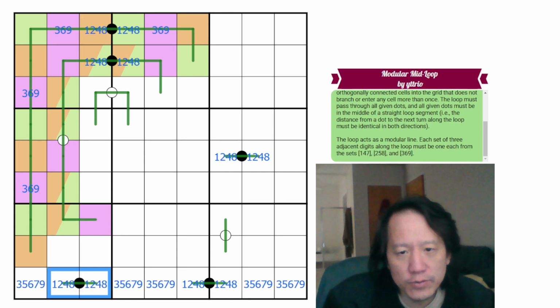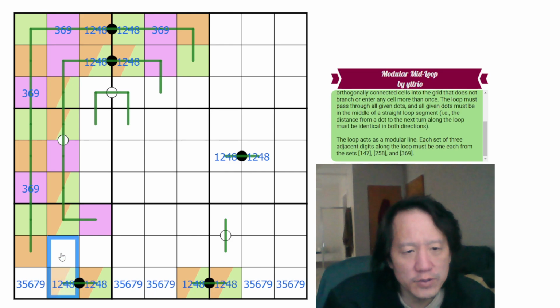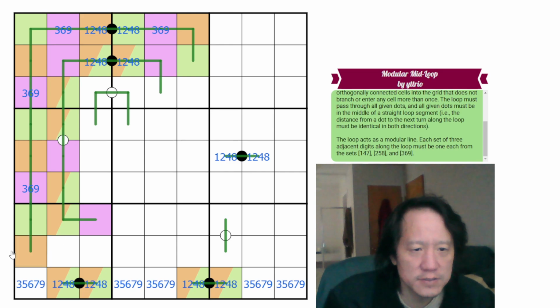These are green or orange. So they always have to be next to pinks, right? So either that's a pink or that's a pink, either way. If it goes here... Okay, so either way, this has to connect with this, right?